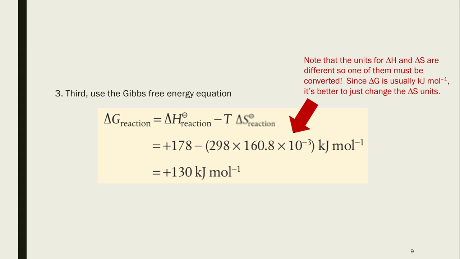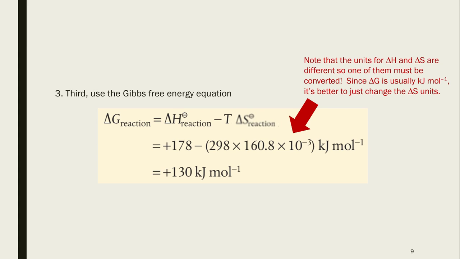Since delta G is given in kilojoules per mole, it is easier to just change delta S to kilojoules since it's just in joules, so all you have to do is divide by 1,000, which is noted in the problem here.